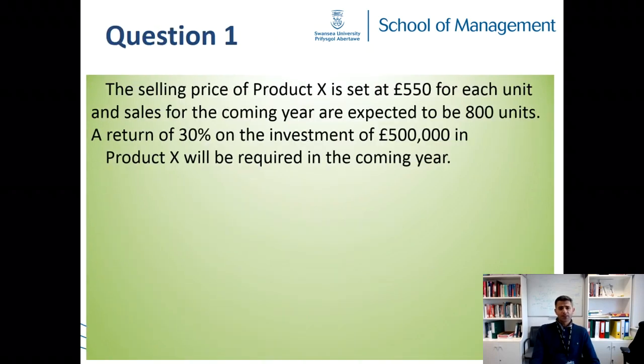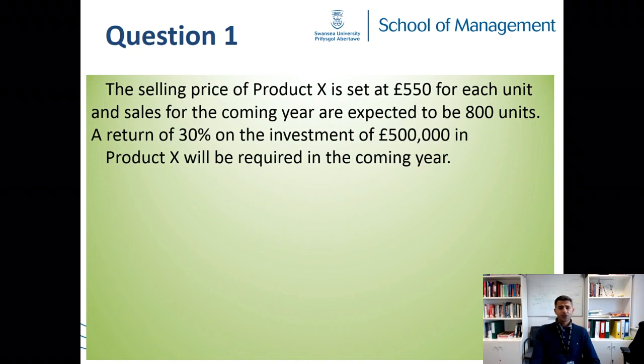Right, let's have a look at this question. This is for you. Please attempt this question, and come back and look at the answer here. The selling price for product X is set at £550 for each unit, and we expect the sales for next year to be 800 units.